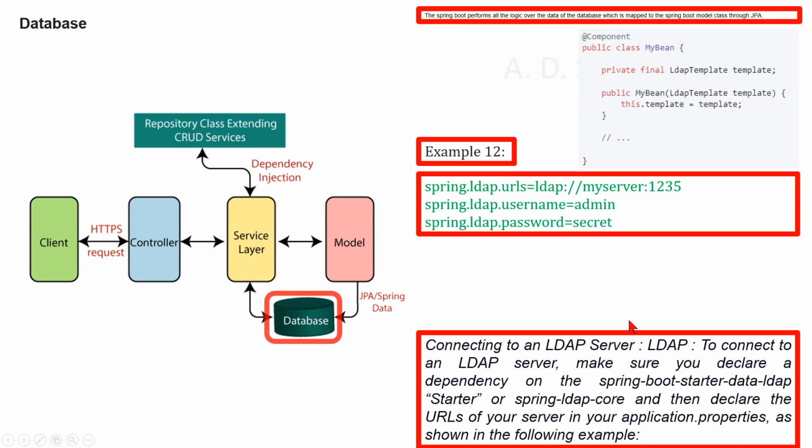Now we are considering connecting to an LDAP server. To connect to an LDAP server, make sure you declare a dependency on the Spring Boot starter data LDAP starter or Spring LDAP core, and then declare the URLs of your server in your application.properties as shown in the following example.